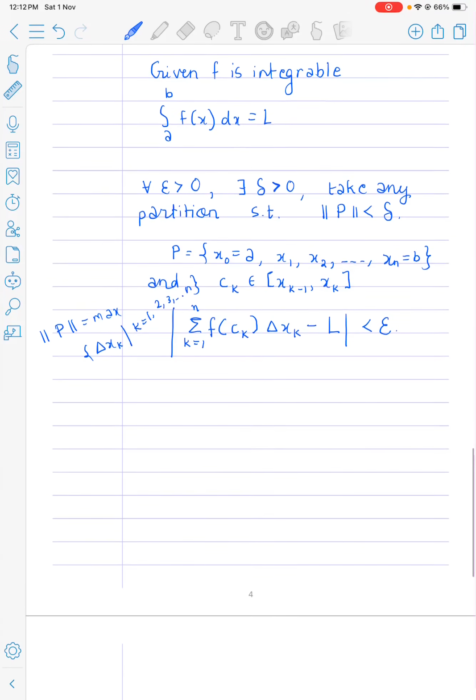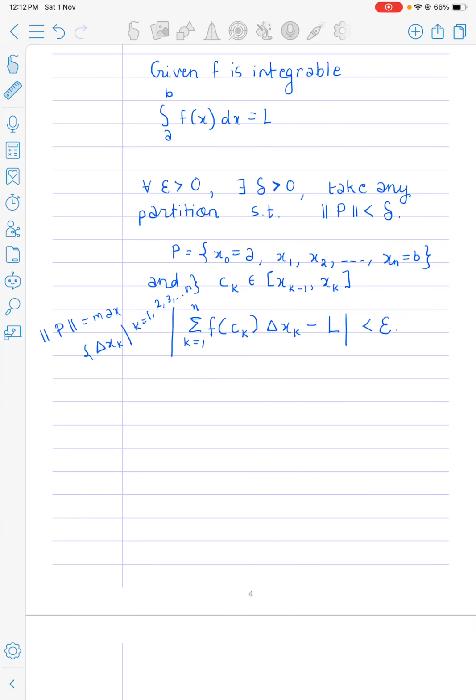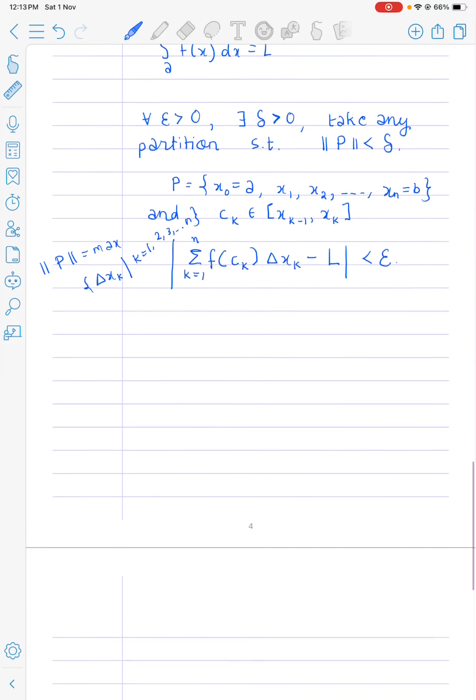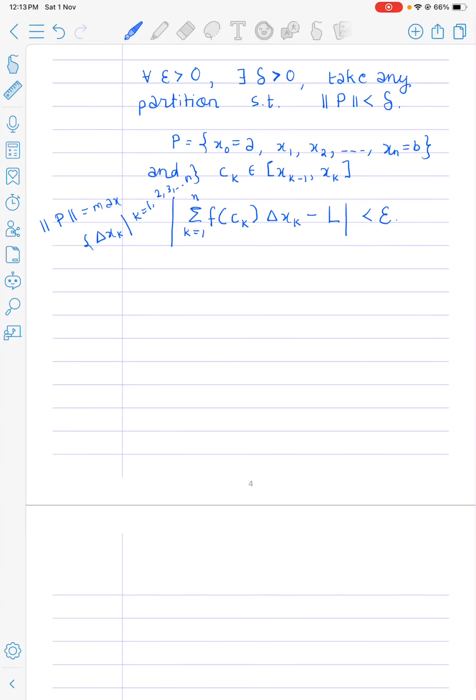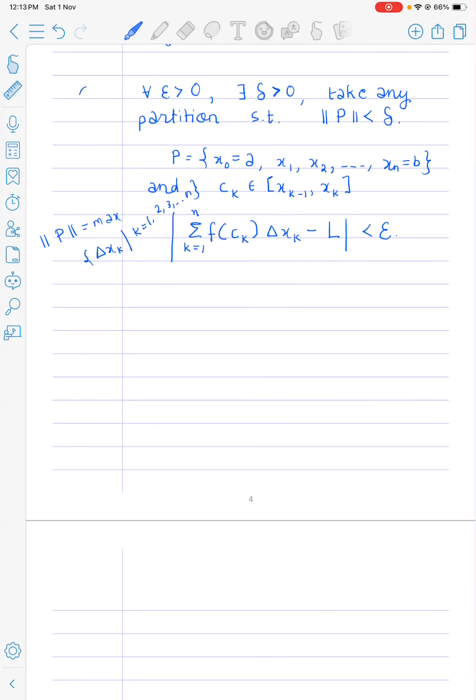So because f is integrable, we know this thing holds, right? What we need to show is that this one is given and need to show: for every epsilon greater than 0, there exists delta greater than 0. Let me copy this.